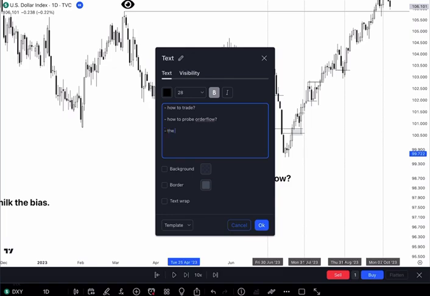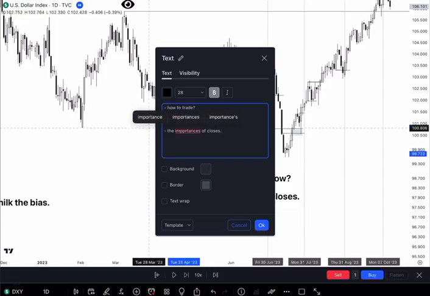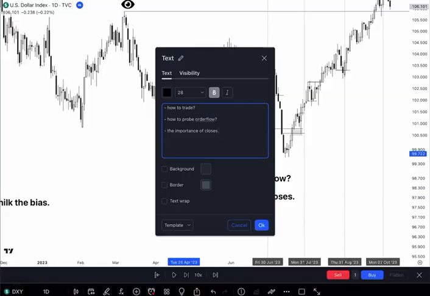The importance of closes versus not closing. In a bullish market, bearish candles or bearish engulfing candles are followed by bullish ones, right? An important thing to note, right?